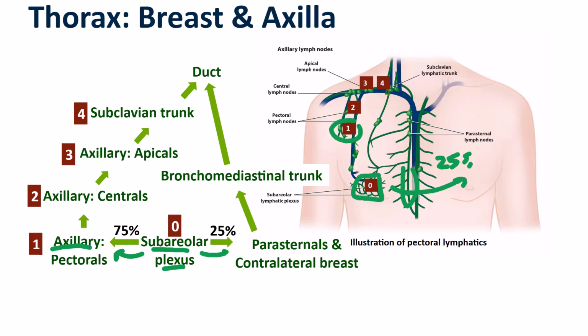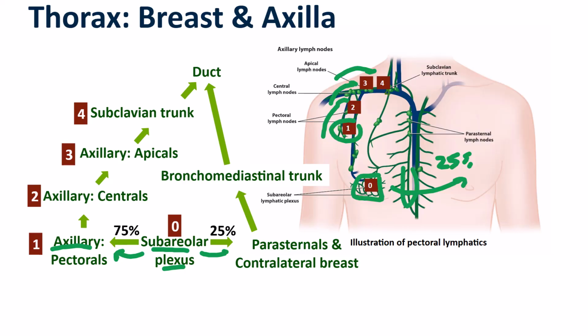And from there, lymph will ascend up to the central nodes, and from the central nodes to the apical nodes, which are at the apex of the axilla. And then from the apical nodes, lymph will drain into the subclavian trunk. On the right side, draining into the right lymphatic duct. On the left side, the thoracic duct.